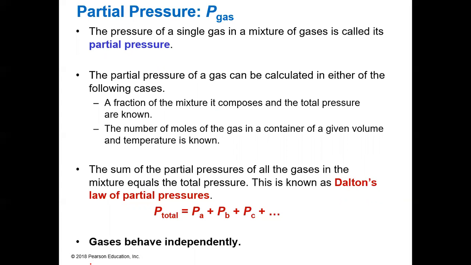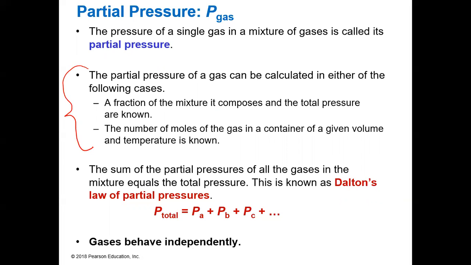If I have a mixture of gases and I want to know the total pressure, all I do is add up the sum of the partial pressures of each component. The partial pressure can be calculated in a few ways. We can calculate it if we know the fraction of that component in the mixture and we know the total pressure.